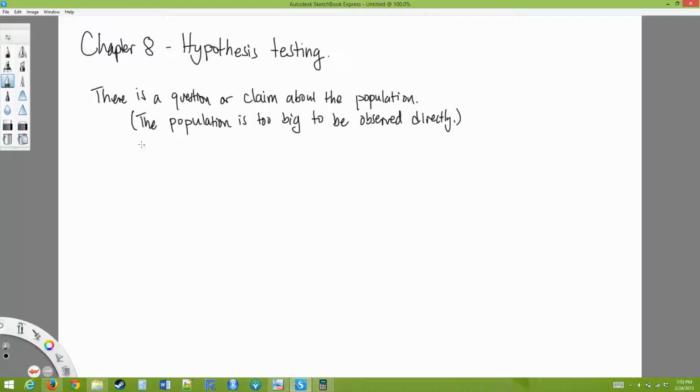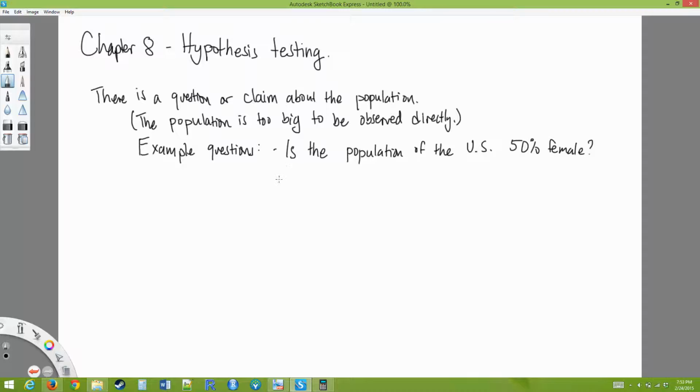And so our question is about the population. Here are example questions or claims to investigate. We'll say, is the population of the United States 50% female? Okay, that's one possible question.